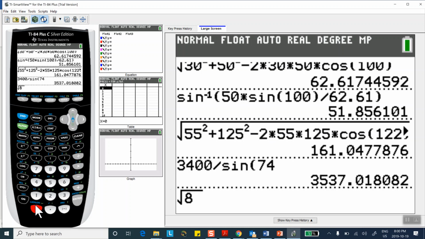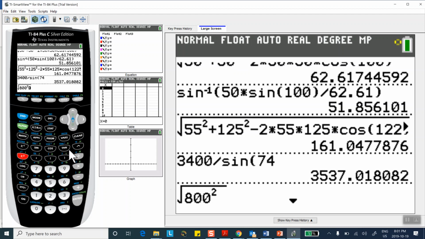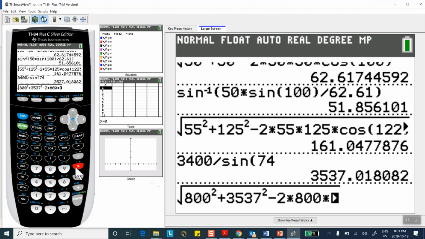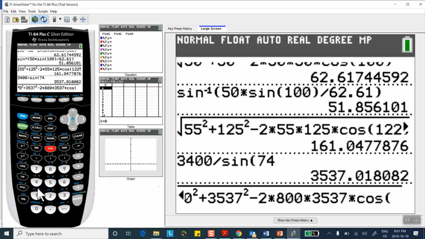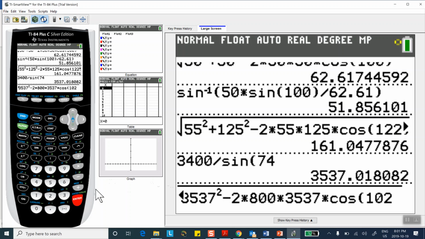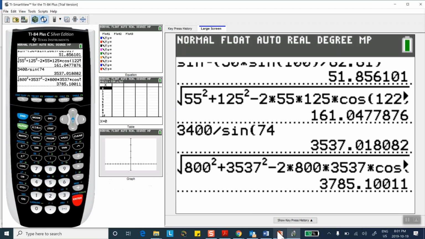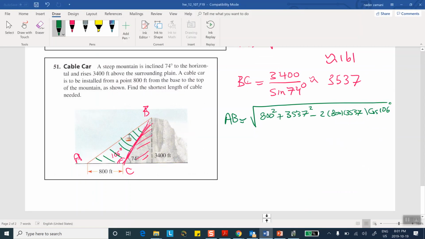So we have 800 squared plus 3537 squared, minus 2 times 800 times 3537 times cosine of 106 degrees. We get 3785, so approximately 3785 feet.